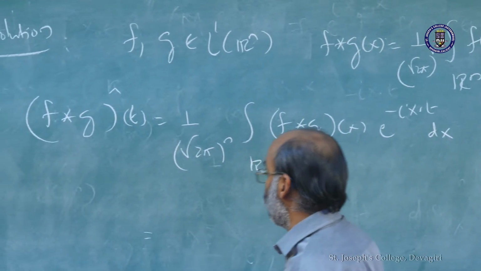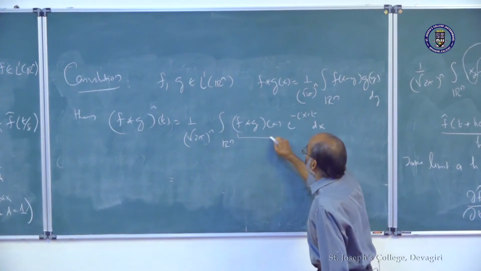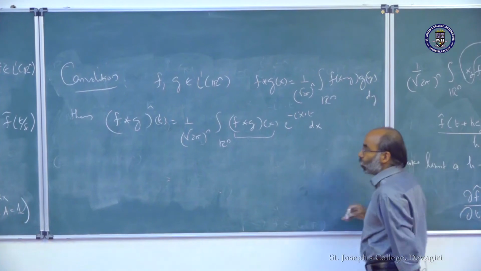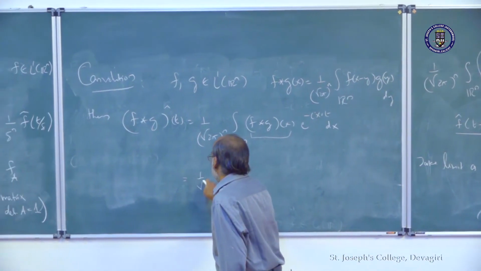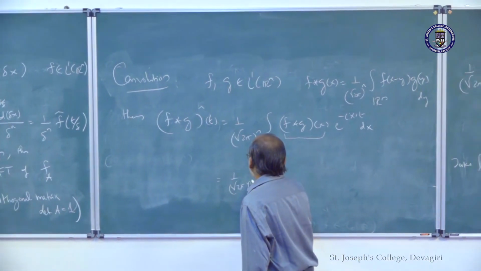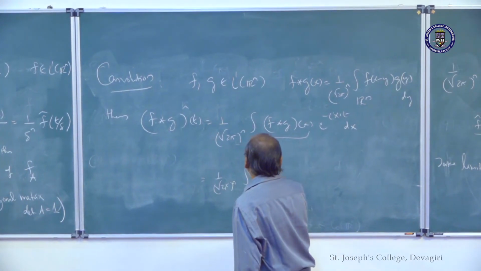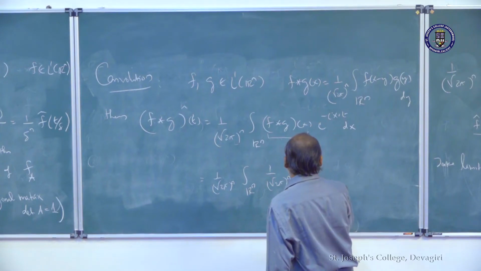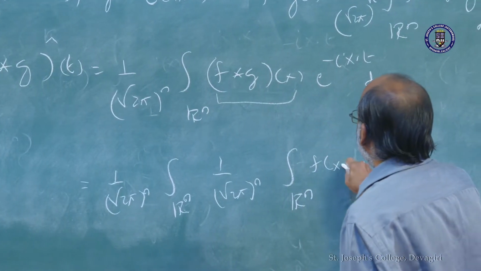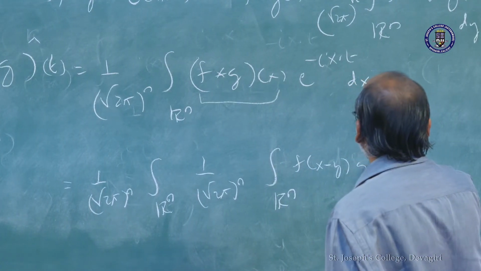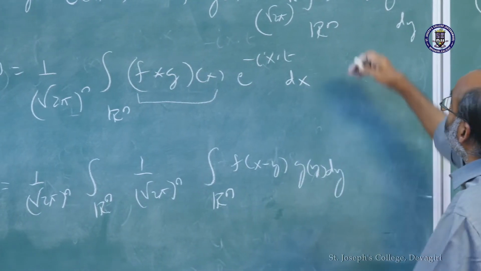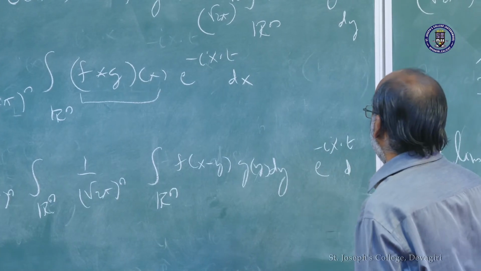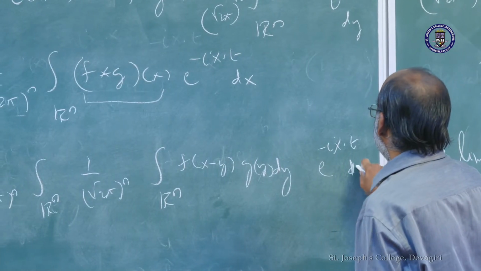Since f star g is itself an integral, there is another 1 by root 2 pi to the n. So I have 1 by root 2 pi to the n, integral over Rn, 1 by root 2 pi to the n, integral over Rn of f of x minus y g of y dy, that is f star g, and then there is the exponential e to the minus i x dot t dx.